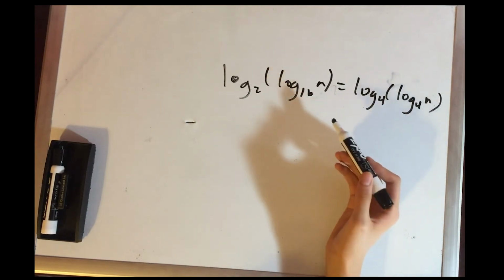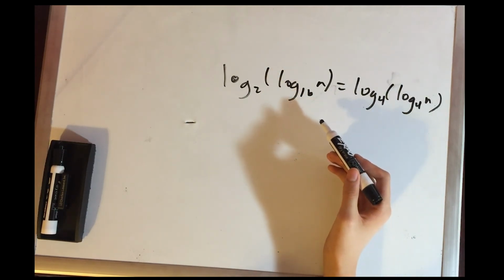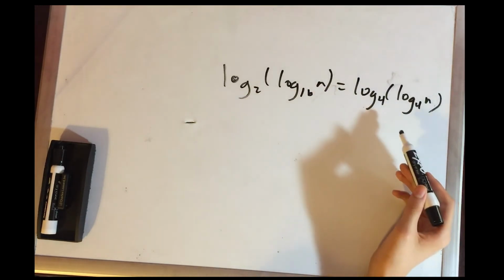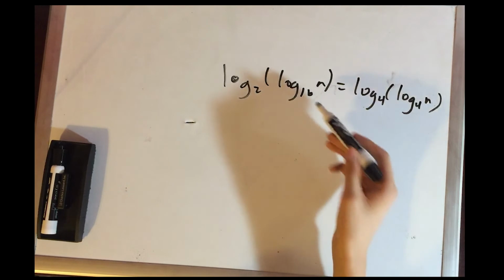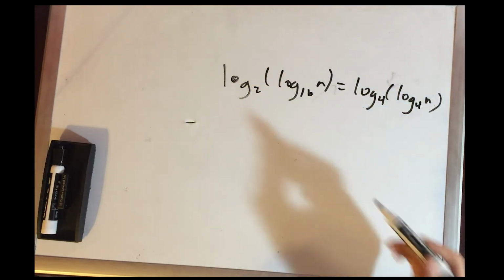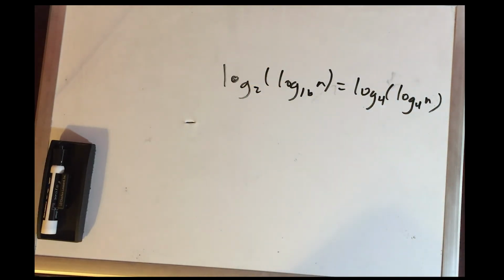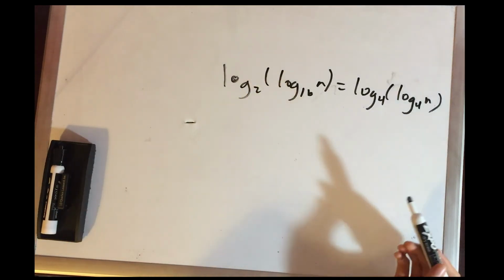It's easy to convert because all of these bases are already powers of 2. And we can use a formula that will put it into log base 2. If we have all of them as log base 2, we can probably simplify our equation further and find what n is. And remember, we want to isolate n.